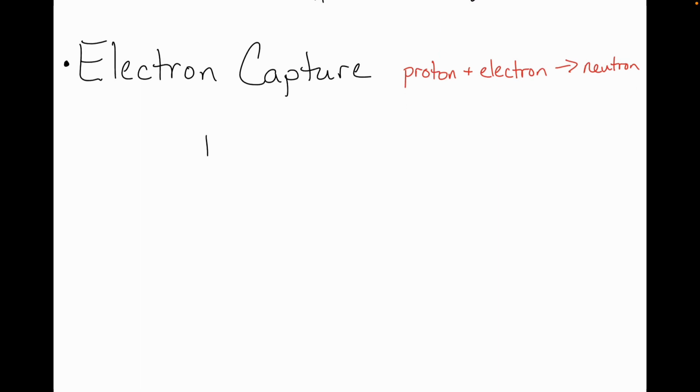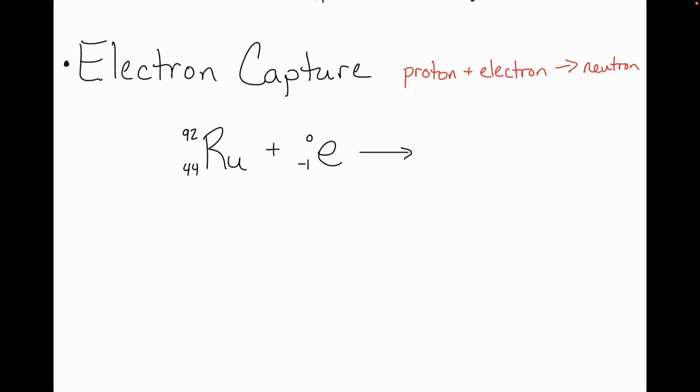So if we take, for example, a ruthenium-92 atom, and we add an electron here, we're not just nicely placing that electron on in order to create an ion. We're literally doing a reaction between the proton in this atom and that electron. And again, it's going to turn into a neutron.